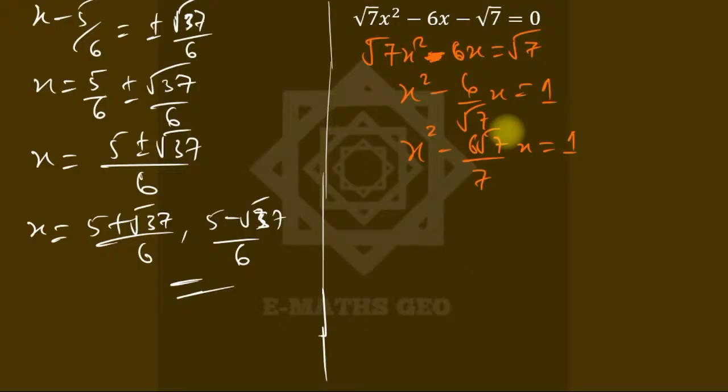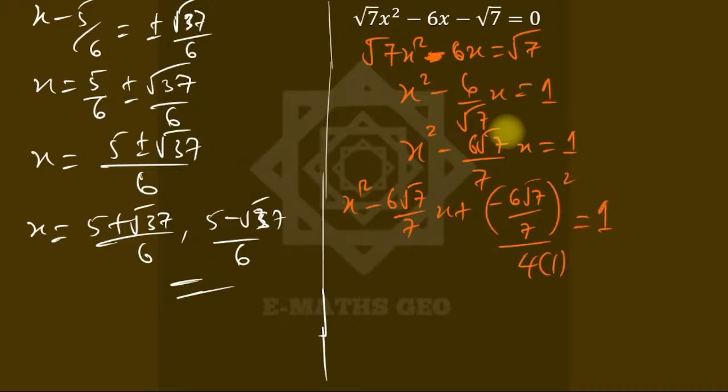Now, let's add something so that it will be a perfect square. So always add minus 6 root 7 over 7, all squared, over 4 times 1. The same thing, we add the same on the right hand side. So this one is now a perfect square. What is left is x here, negative. What's the square root of this?